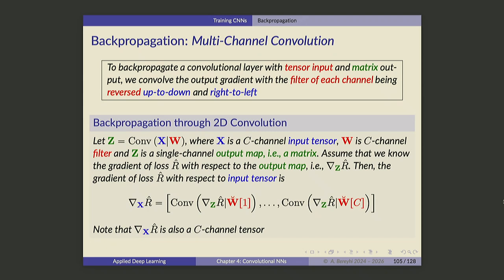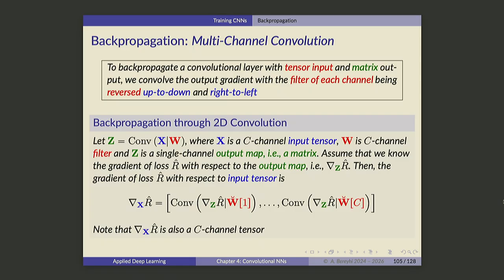No question? So now, one trick that I told you before was to always check the dimension, right? And again, this is going to be valid here because you have your input, it's C channel. Your output is a single channel, right? And then you have a C channel filter. You do know that getting from the output gradient to the input gradient, you need to do another convolution.